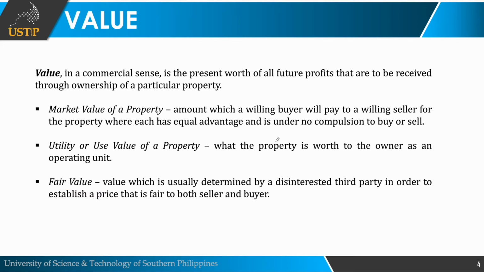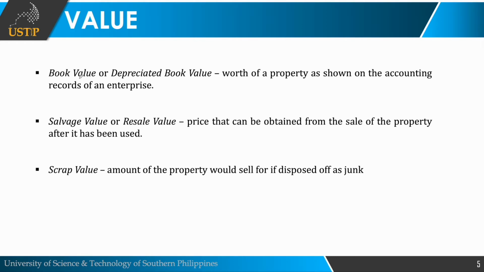Okay, so next we have the book value or the depreciated book value. This is the worth of a property as shown on the accounting records of an enterprise. Usually this is an annual value, based on their projection for a certain property that they own.